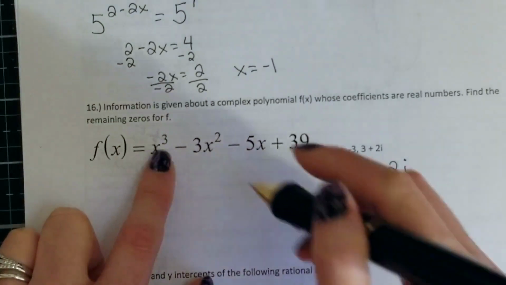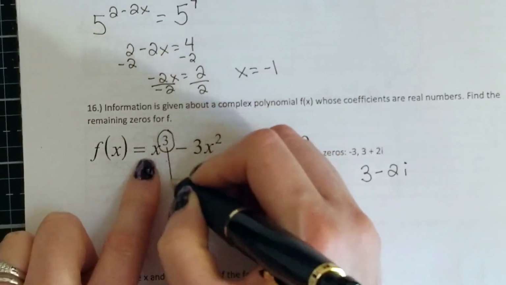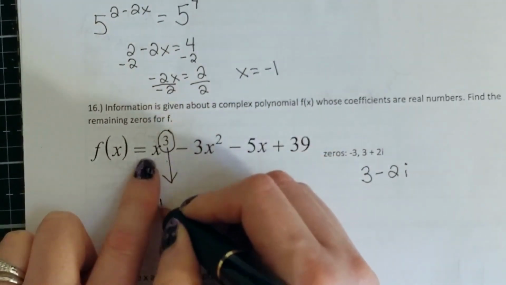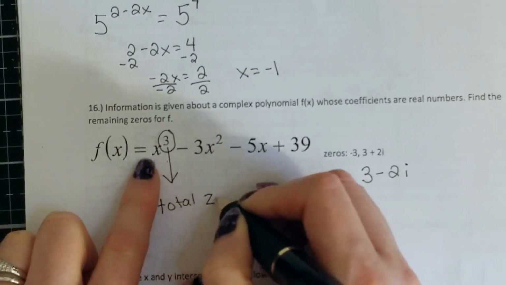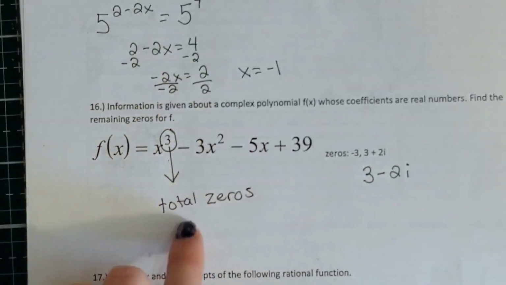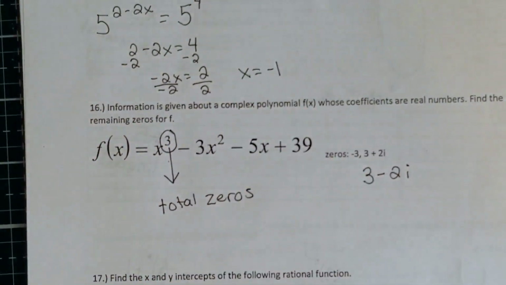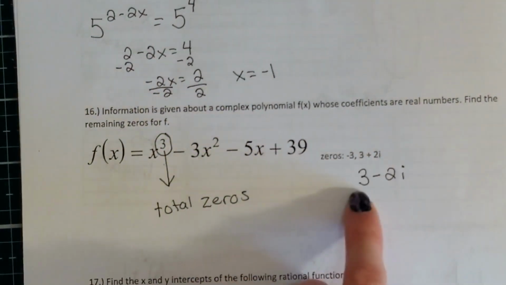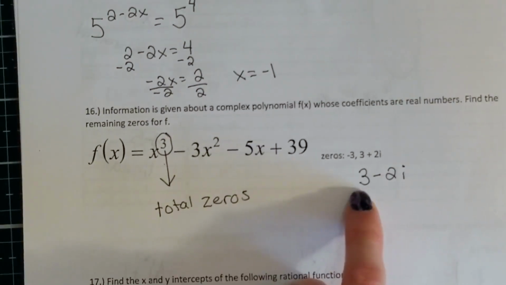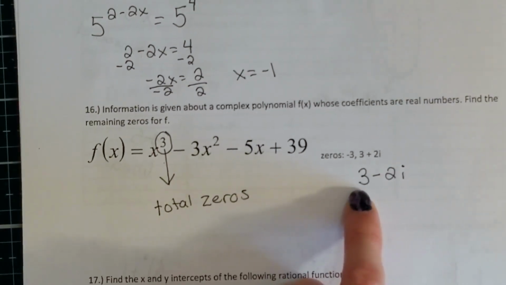Look at your degree. Your degree is 3. So that tells you the total number of zeros. So I know that there are 3 zeros. So 1, 2, and there's the third one. Just make sure you read there, because I can guarantee you one of the answers would be 3 comma negative 2i, and you don't want to pick that one.